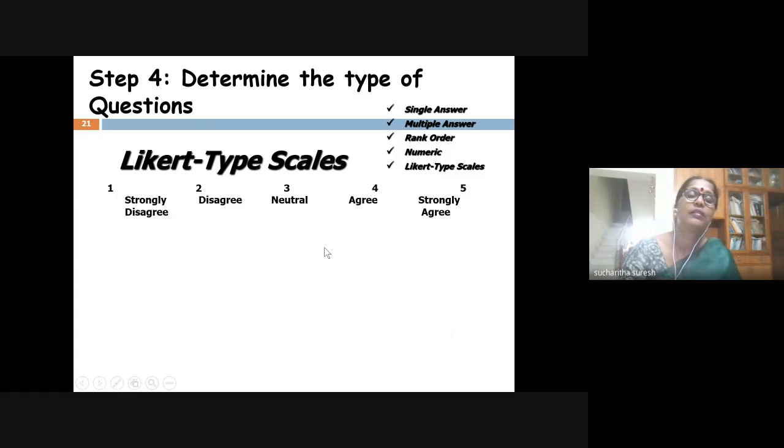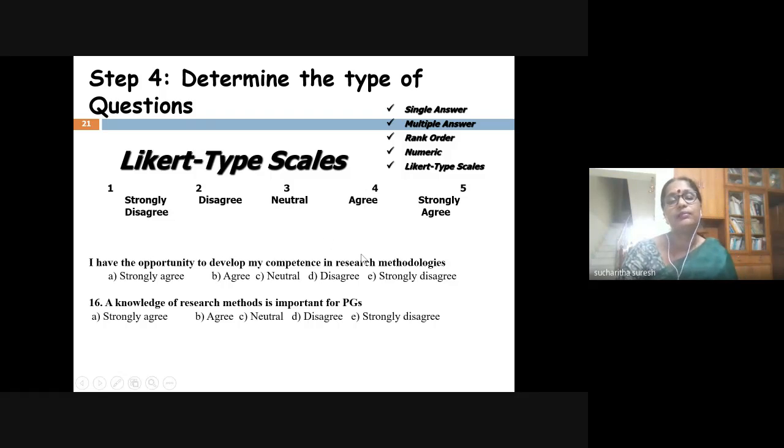Like strongly agree, agree, neutral, disagree, and strongly disagree. For example, I have the opportunity to develop my competence in research methodologies. Or, a knowledge of research methods is important for PGs.